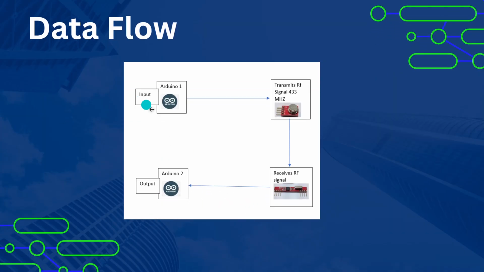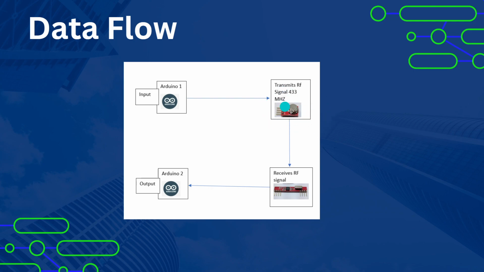Now, the data flow. These two blocks are for the master car and these are for the slave car. The input is provided to the master car via its Arduino Uno from the smartphone, or any other device. In our case, we are going to use a smartphone. The instructions are then forwarded to the 433 MHz RF transmitter attached to the master car.